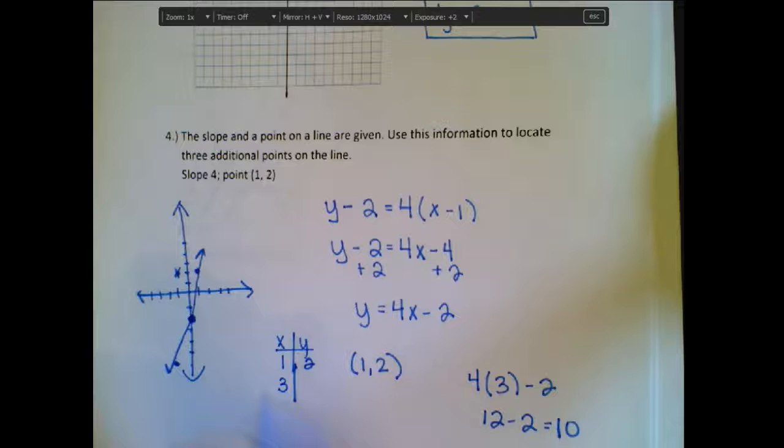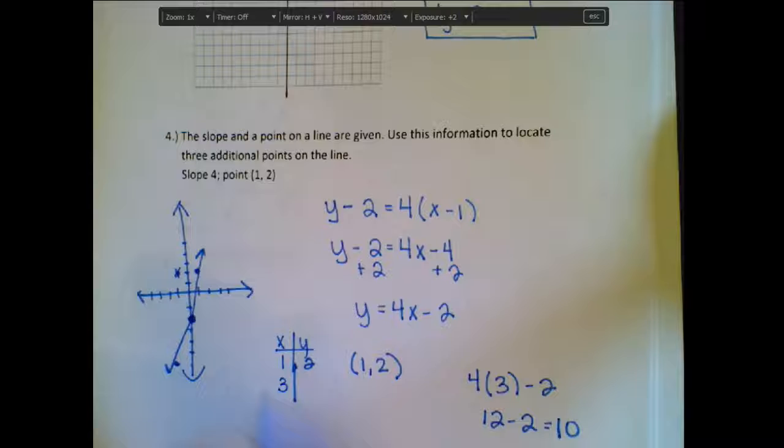So y minus 1 equals negative 1 times x minus 1. Y minus 1 equals negative 1x plus 1. I'm going to add 1, y equals negative 1x plus 2. It does not matter if I would have picked this negative 1, 3 as my point. I would still get this as my equation. Okay?